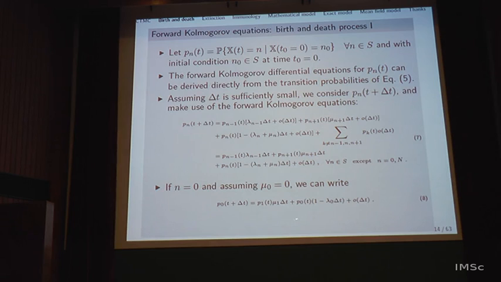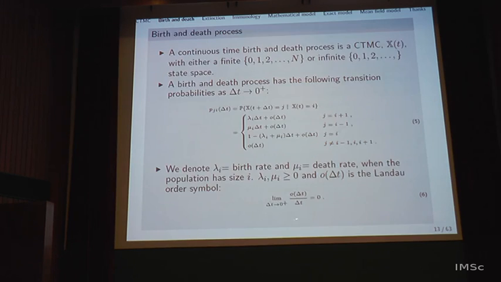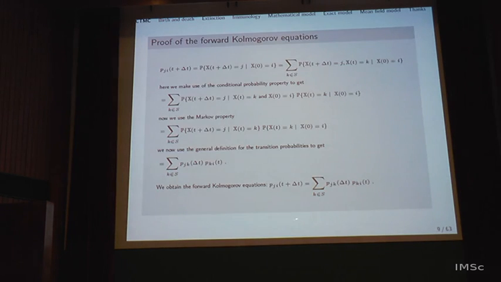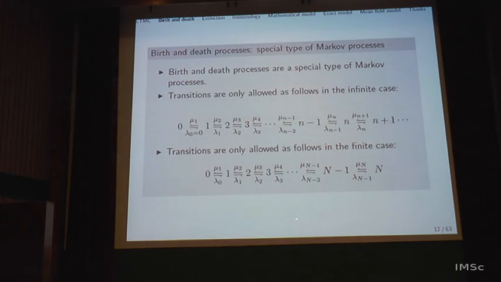So given, as I've said, the nature of the transitions that can take place for a birth and death process, my Kolmogorov equations now become much simpler, because if you remember, let me just go up, this sum that I have here was over all potential states in my state space.